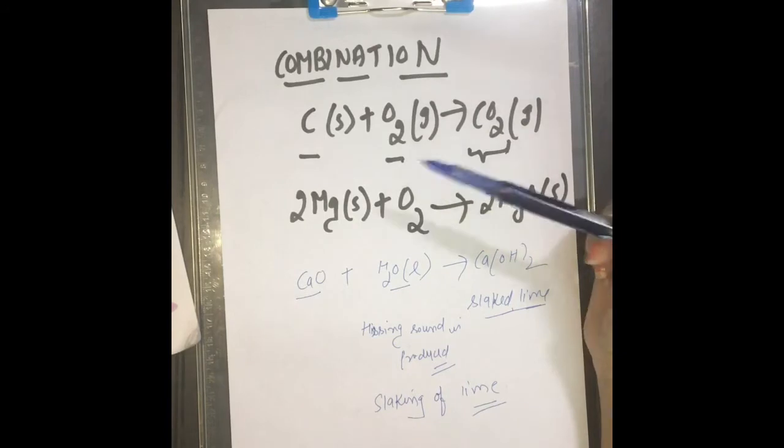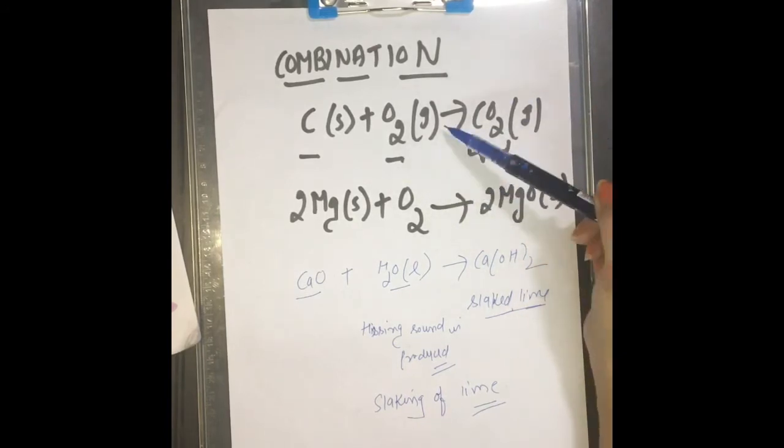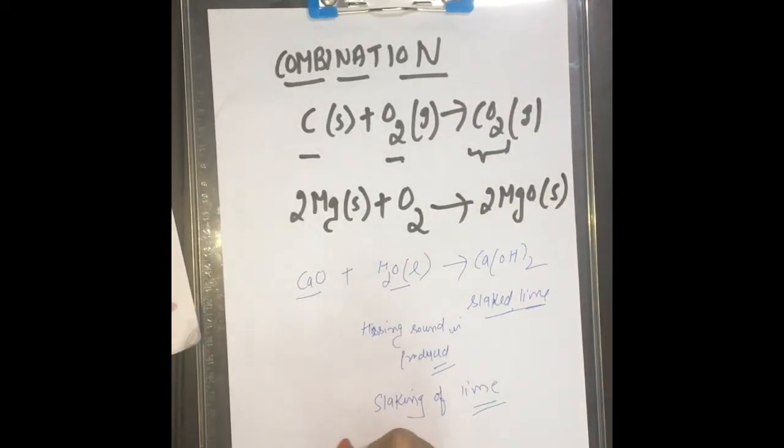What is combustion? Burning in presence of air. For example, if we consider methane gas, the formula of methane is CH4. When it is burnt, that is combined with oxygen, methane is the important constituent of CNG, which is compressed natural gas. So this process is oxidation or combustion, you can say.